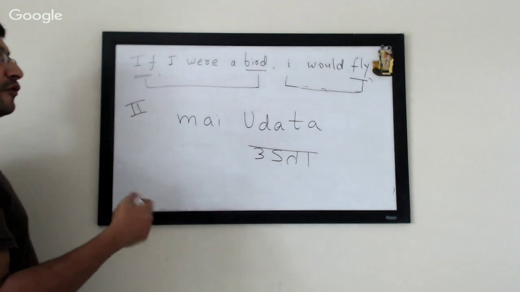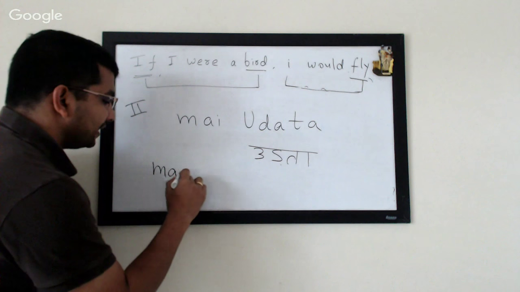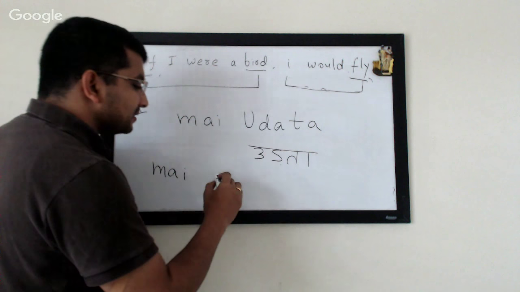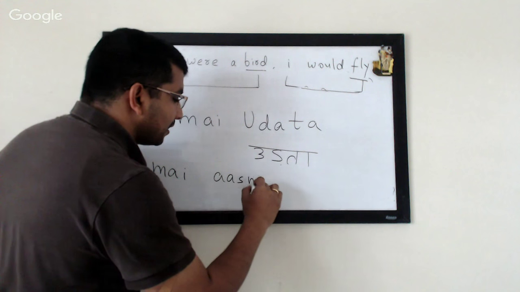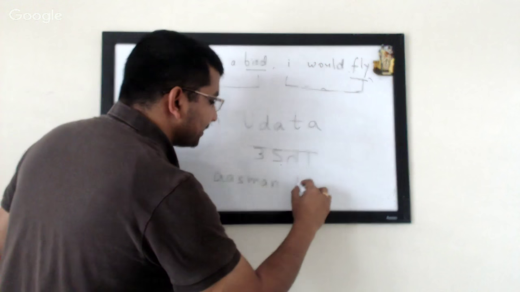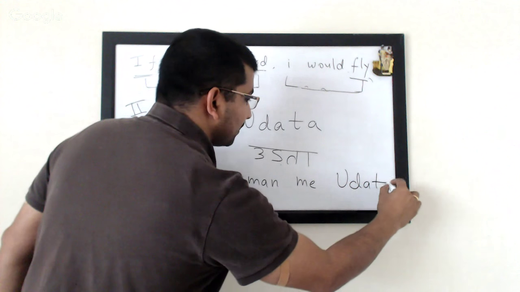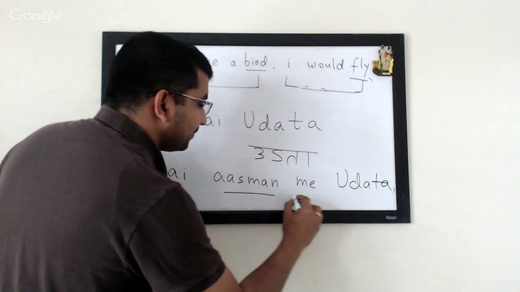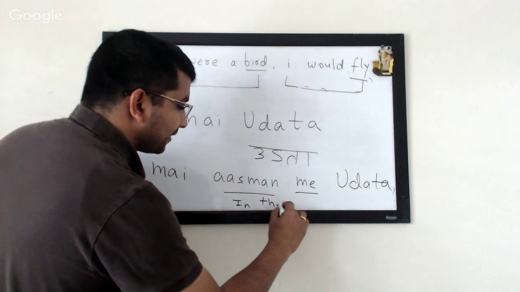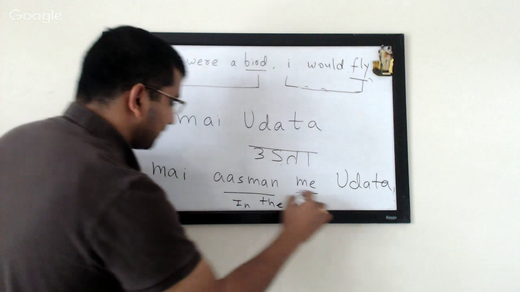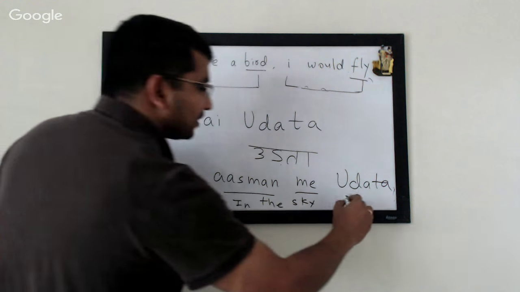And if you want to say I would fly in the sky, मैं, in the sky is आसमान में, आसमान में उड़ता. आसमान में is in the sky. मैं is again I and उड़ता is to fly.